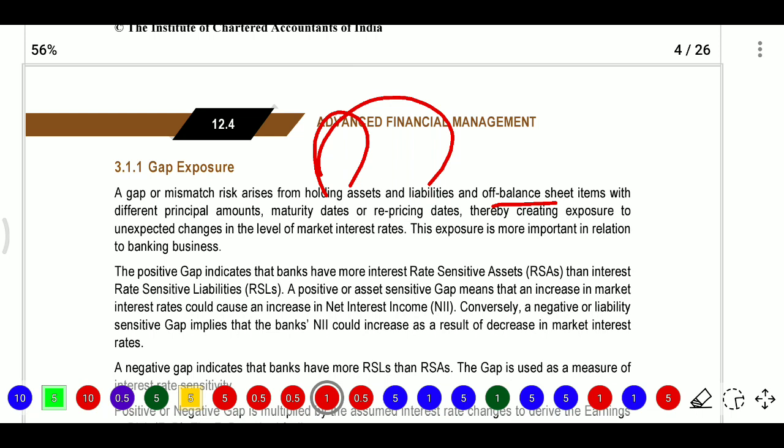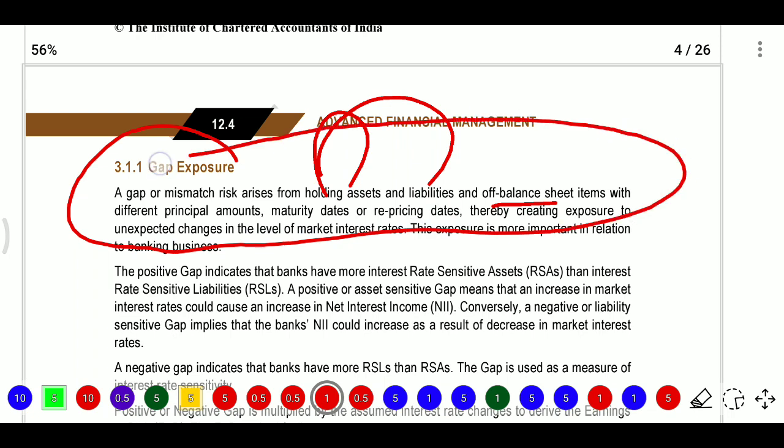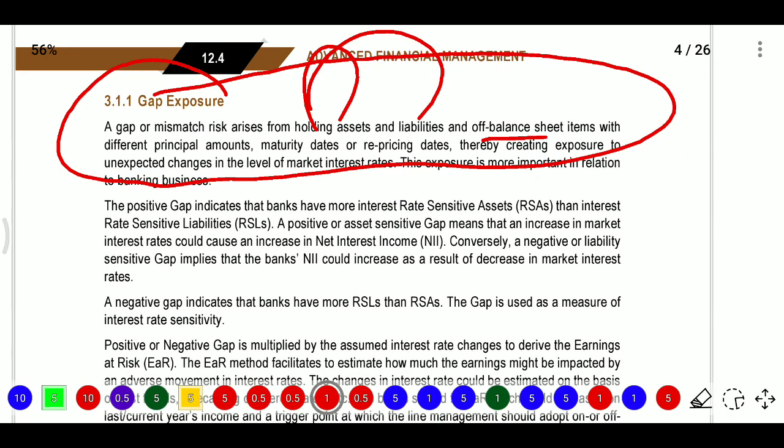They create exposure to unexpected changes in the level of market interest rates. This exposure is very important in banking business. So gap exposure is the first risk, because there is a gap between principal amounts, maturity dates, repricing dates, etc.